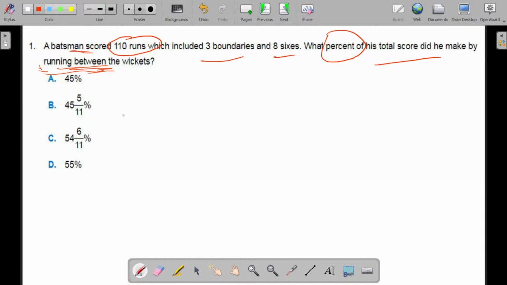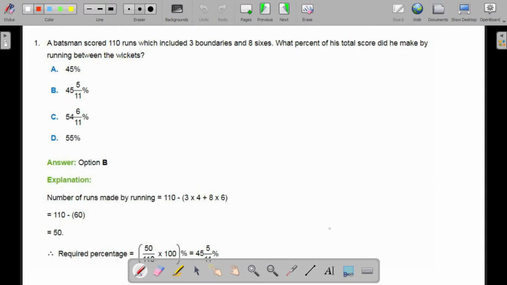So Nahin Bijapur is mentioning B, 45 1 by 45 by 11 percentage. Okay, so that is correct. That is option B.